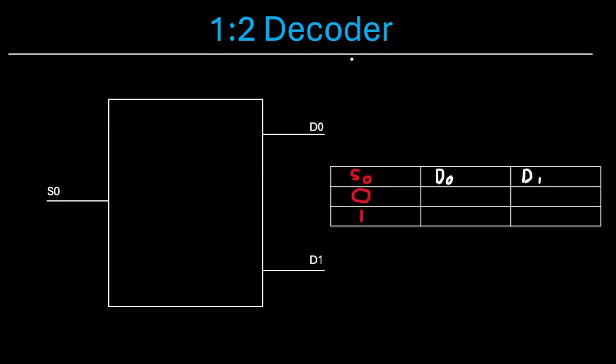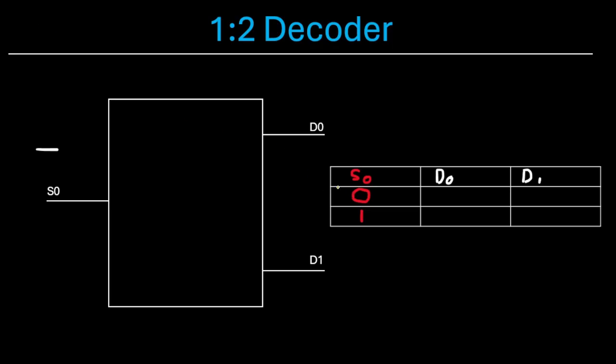So here's a 1 to 2 decoder. On the left-hand side, we have our binary input, and you'll notice we only have one input pin, meaning that there's only one bit in our binary input. Now on the right-hand side, you'll see two output pins labeled D0 and D1, where D0 represents decimal 0 and D1 represents decimal 1.